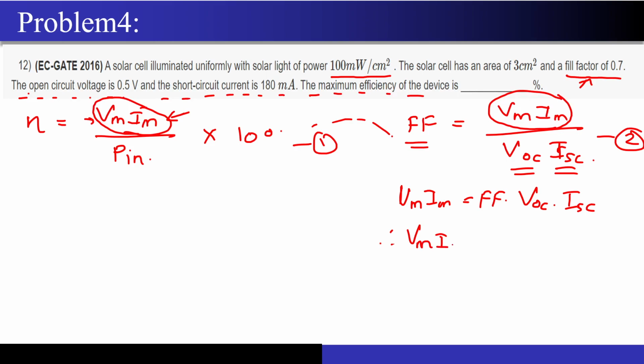The fill factor is 0.7, the open circuit voltage is 0.5 volts and the short circuit current is 180 milliampere. If you calculate this value, it will come out to be around 0.063 for Vm into Im.